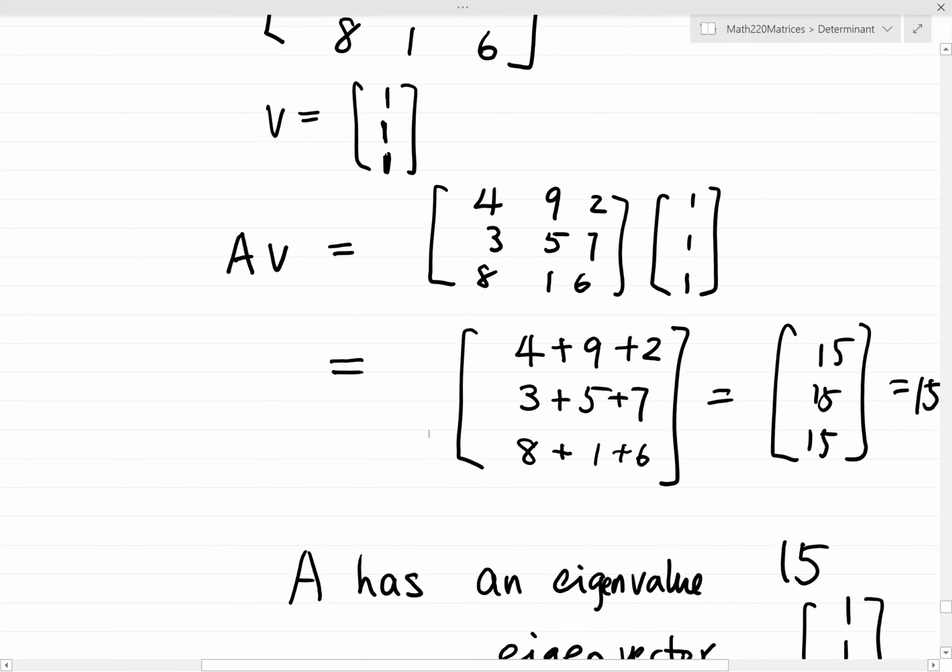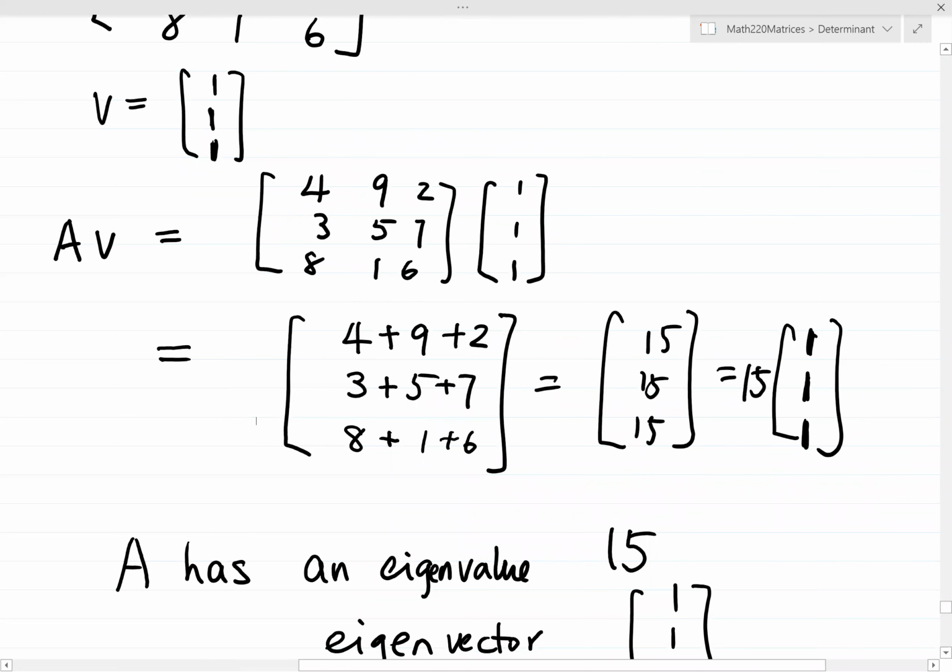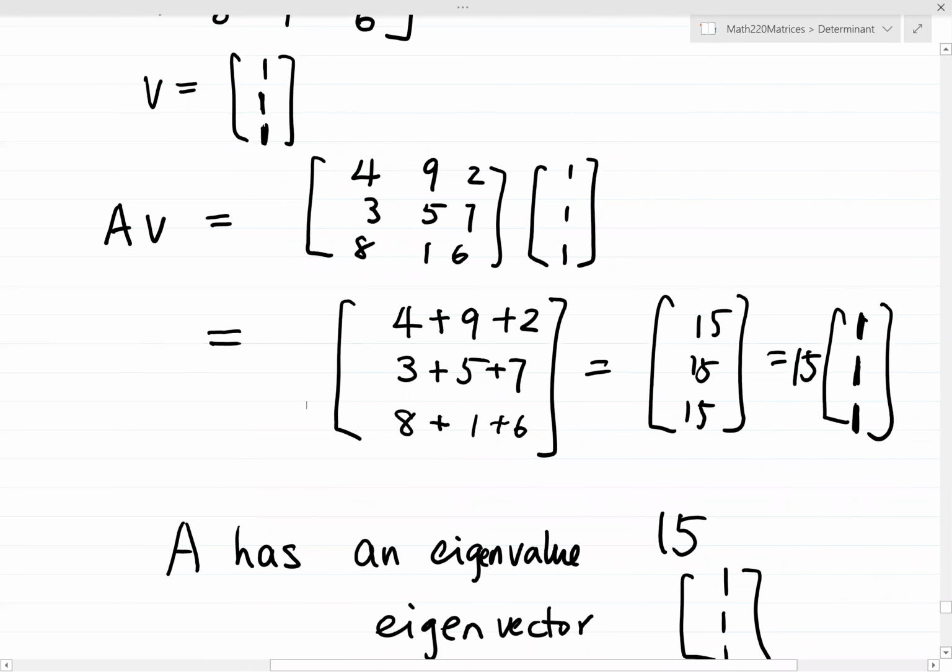So we get 15 times the vector 1, 1, 1. So we have an eigenvalue 15 and an eigenvector 1, 1, 1.